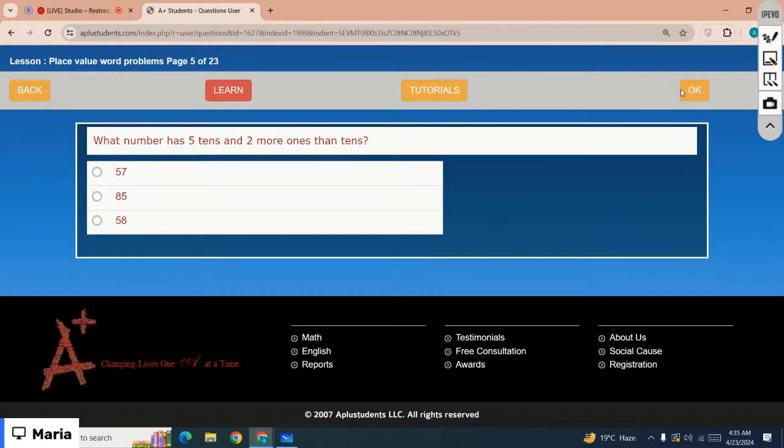What number has five tens and two more ones than tens? Which is the correct option? That is 57. Option number one is the correct option.